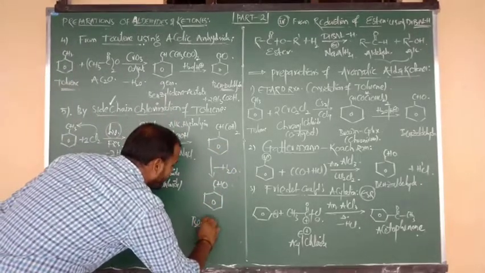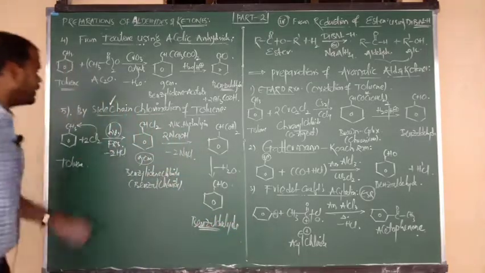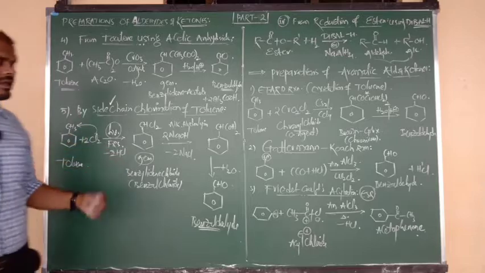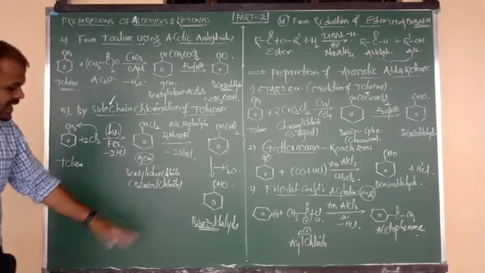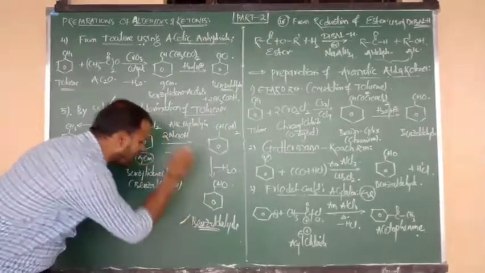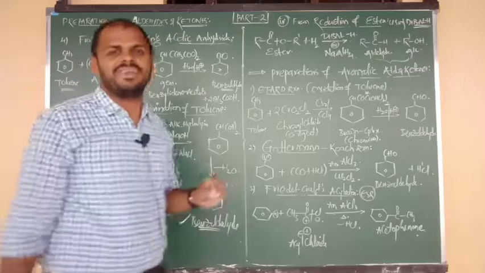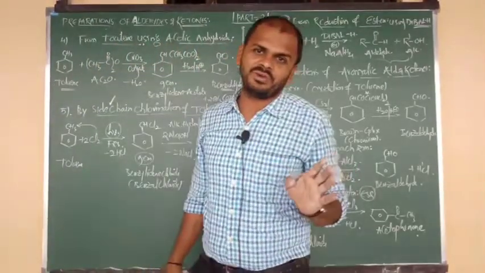Benzaldehyde. This is your final product. So once again, toluene upon side chain chlorination in presence of sunlight gives benzyl chloride, which upon alkaline hydrolysis gives benzaldehyde. This is the story about the preparation of aromatic aldehydes and aromatic ketones.